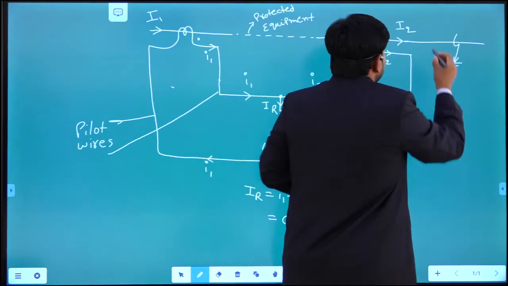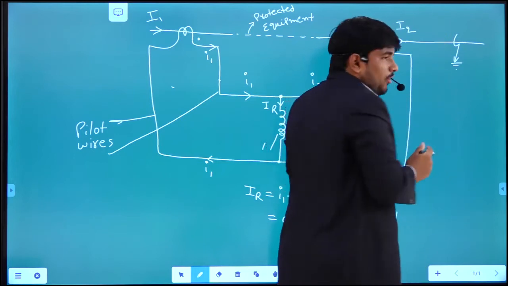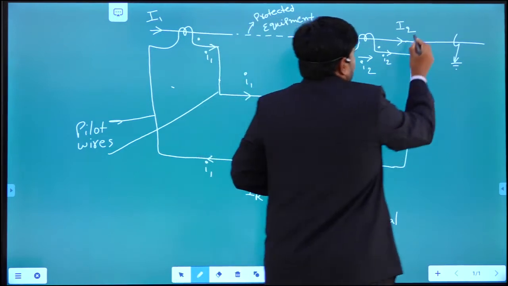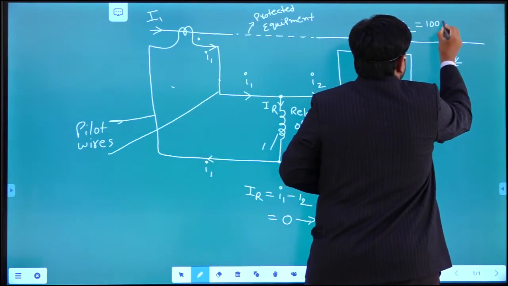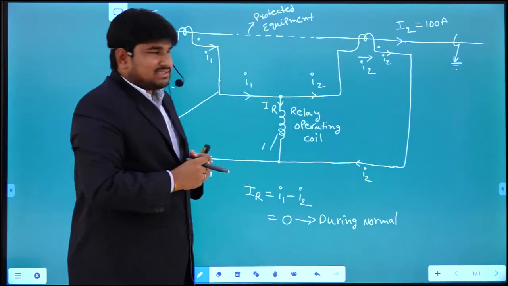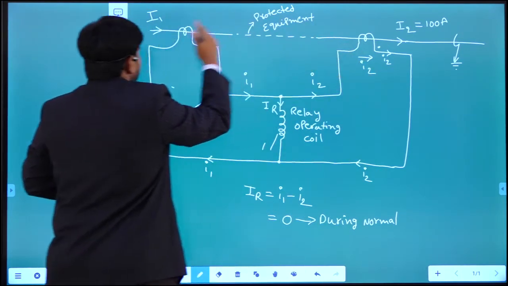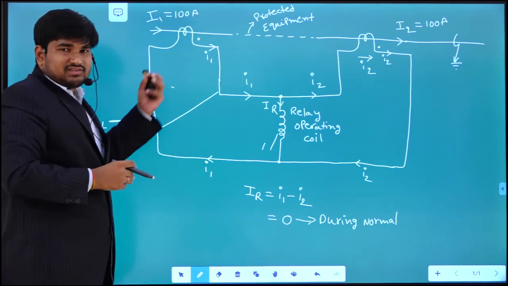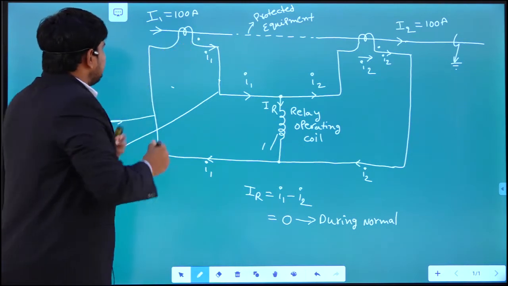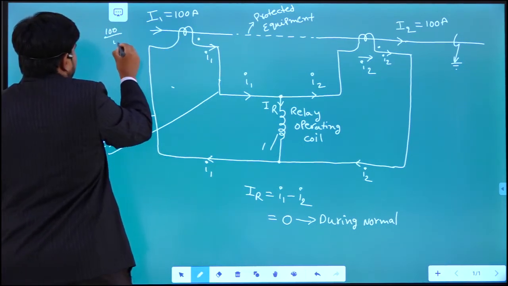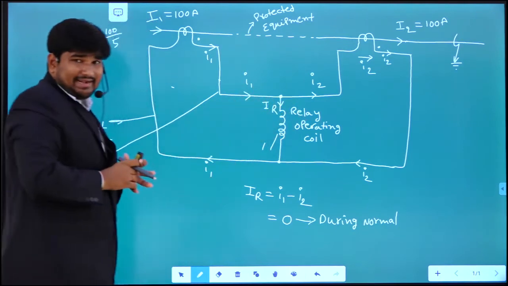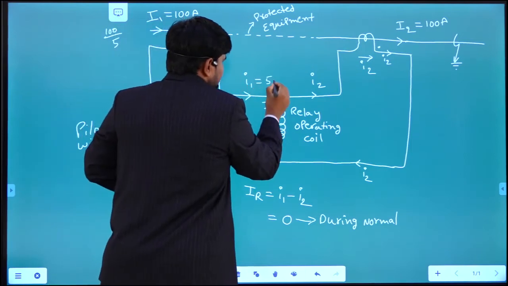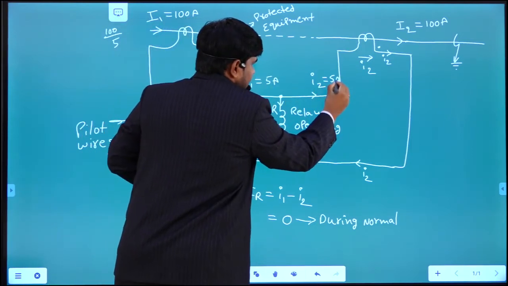Let me take an example. For example, in normal operating conditions, 10 amperes current is flowing through the line. Now, because of the fault, for example, 100 amperes is flowing. Similarly, I2 is also 100 amperes. If the CT ratio of both CTs is 100 by 5 amperes, then I1 is 5 amperes and I2 is also 5 amperes.